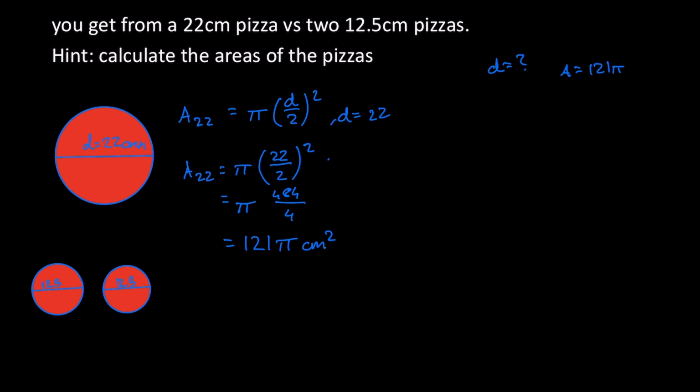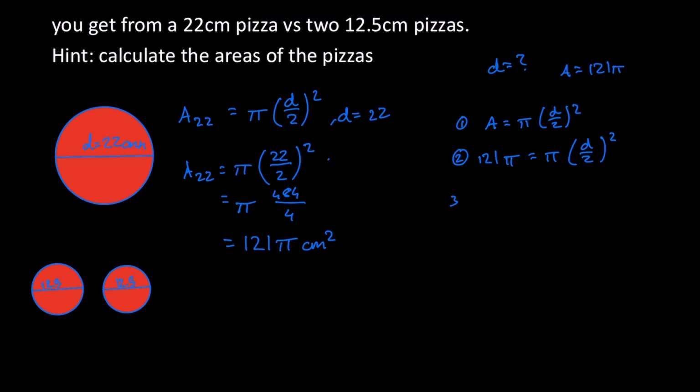We want to find the diameter, so in terms of diameter, the area is pi times d over 2, squared. Step 1 is write out our equation. Step 2 is set the equality, so we know that 121 pi equals pi d over 2, all of it squared.